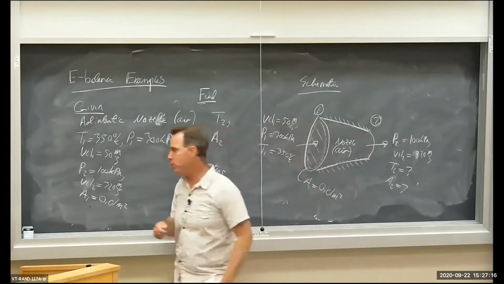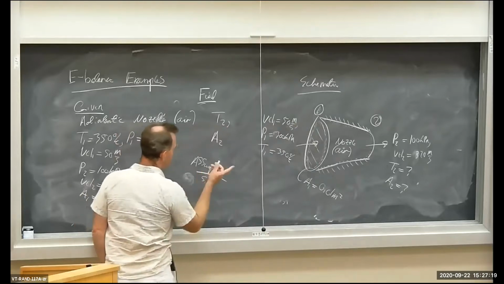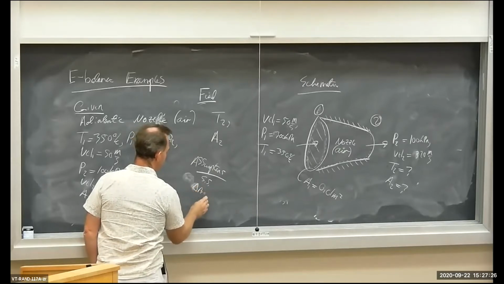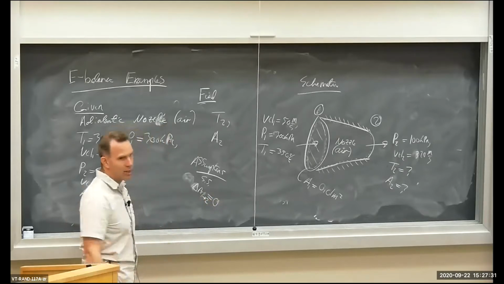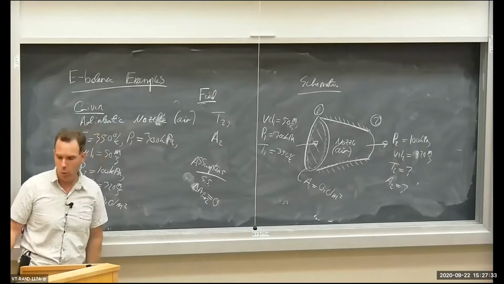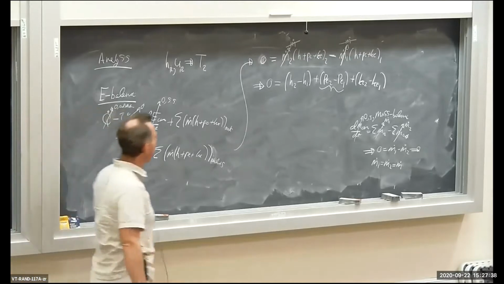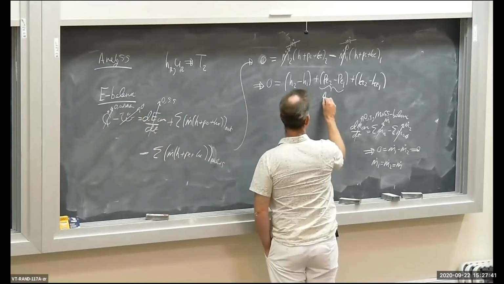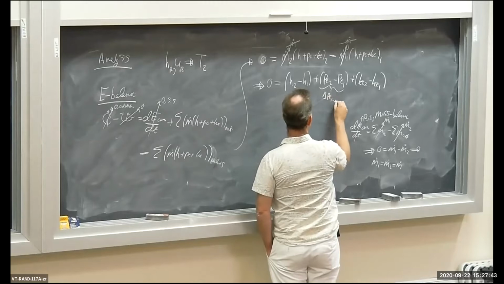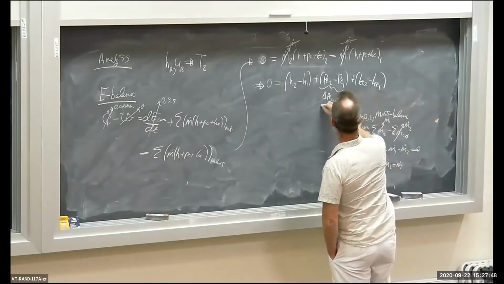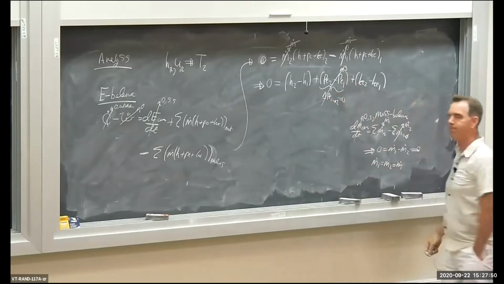So we're going to neglect the change in potential energy. Delta PE from 1 to 2, PE2 minus PE1, I'm going to set equal to 0. Okay? So this term is gone.